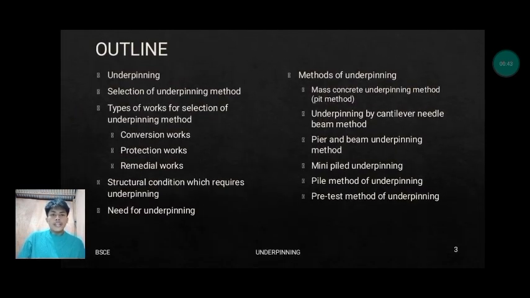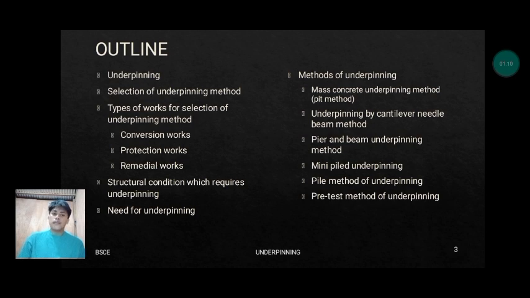So here is the outline of our presentation. First, we discuss what underpinning is. Next is the selection of underpinning method. Next are the types of work for selection of underpinning method, which are conversion works, protection works, and remedial works, for structural condition which requires underpinning, and also the need for underpinning.